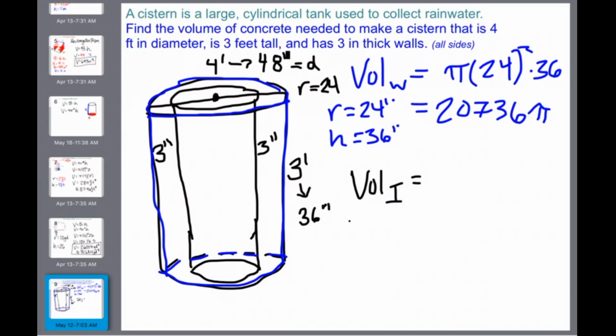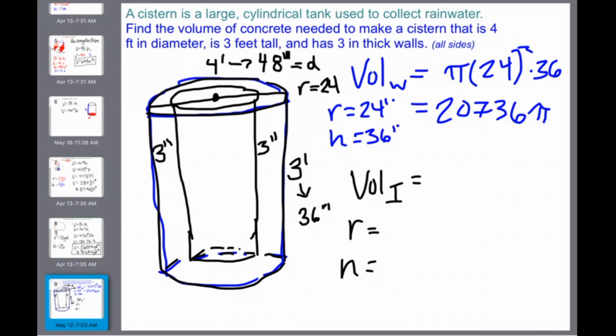So we're still finding the radius and the height, and we want to find our volume here. One thing I didn't account for is that with our 3-inch thick walls, we actually have that on the bottom as well.